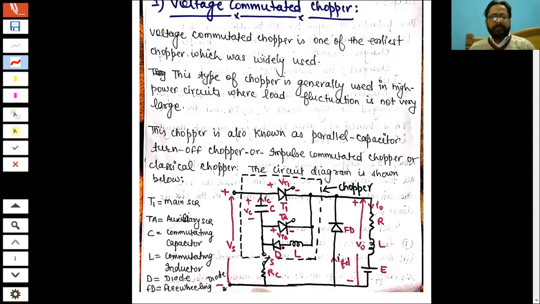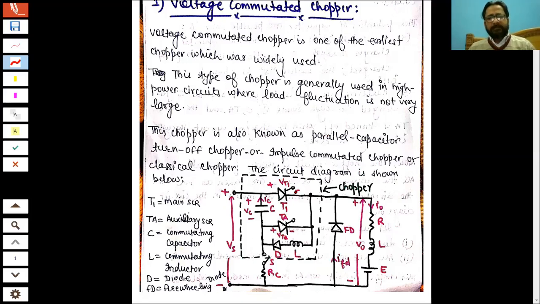For example, initially T1 is not conducting, TA is also not conducting, diode is also not conducting. So this whole part is completely disconnected from the main supply, right?